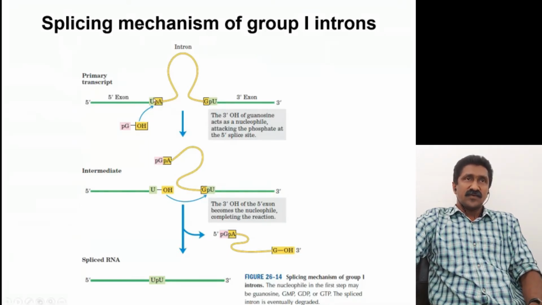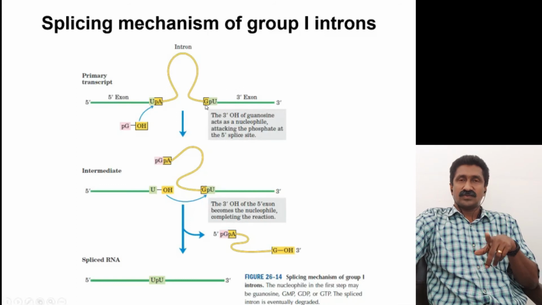So here we have the intron sequences. This is the 5' end of the intron and this is the 3' end of the intron. This is the 5' end of the first exon, and this U represents the 3' end of the first exon. In the intron, A is the 5' end and G is the 3' end.